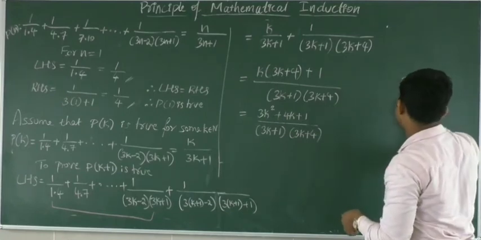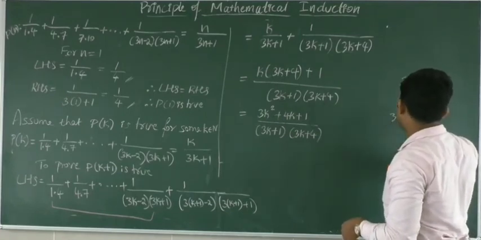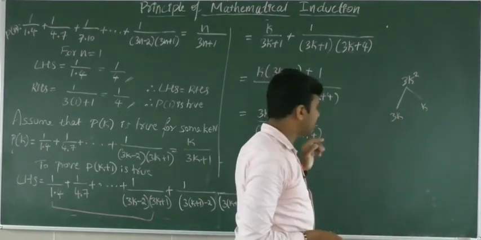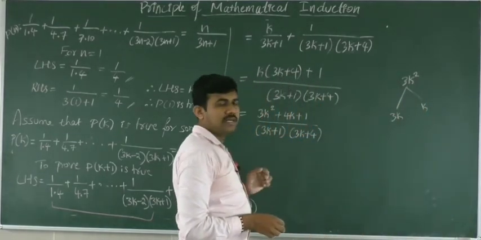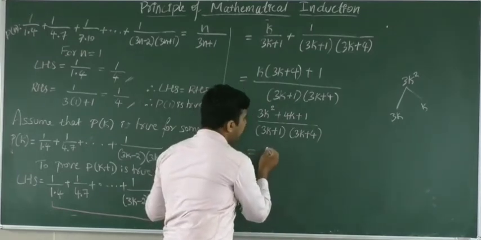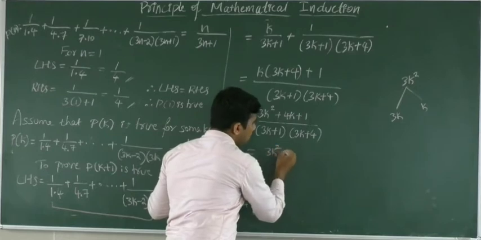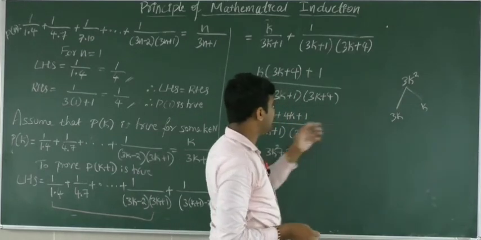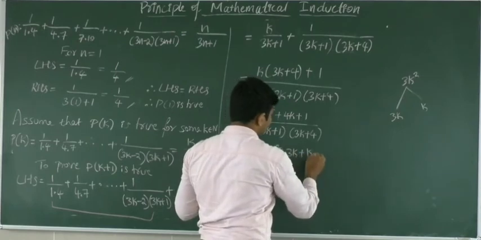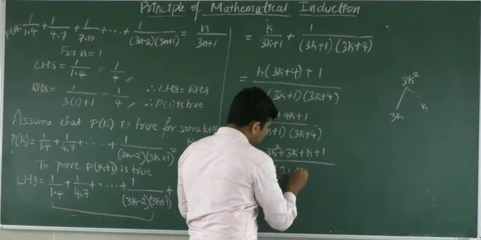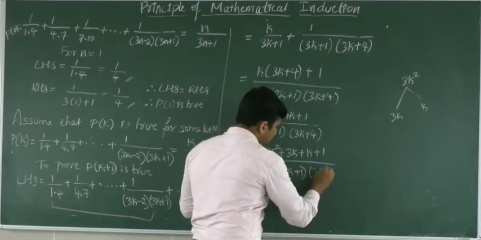3k square you can write as 3k into k. So 3k into k is 3k square, 3k plus k is 4k. So we'll get the result. Check it, that is 3k square plus 3k, 4k is split as 3k plus k, plus 1, whole divided by 3k plus 1 into 3k plus 4.